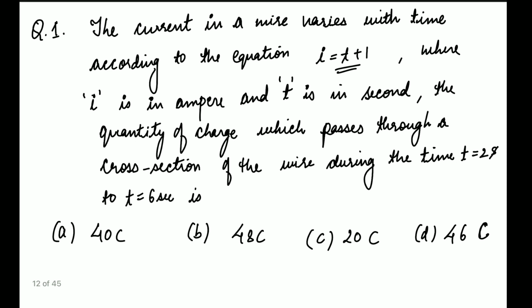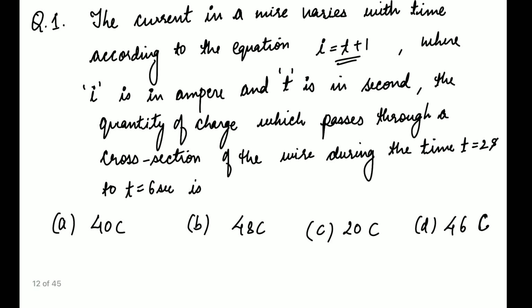The first question is: the current in a wire varies with time according to the equation I equals t plus 1, where I is in ampere and t is in seconds.